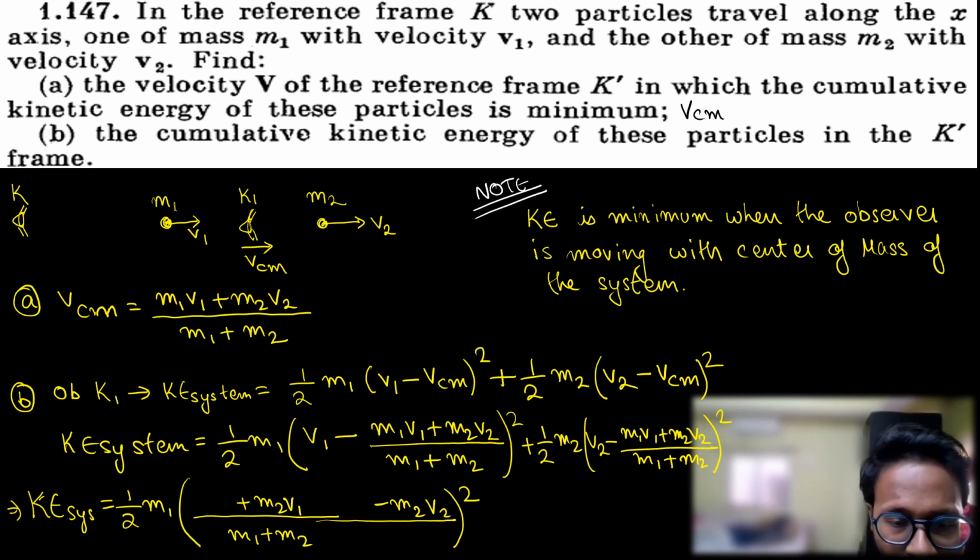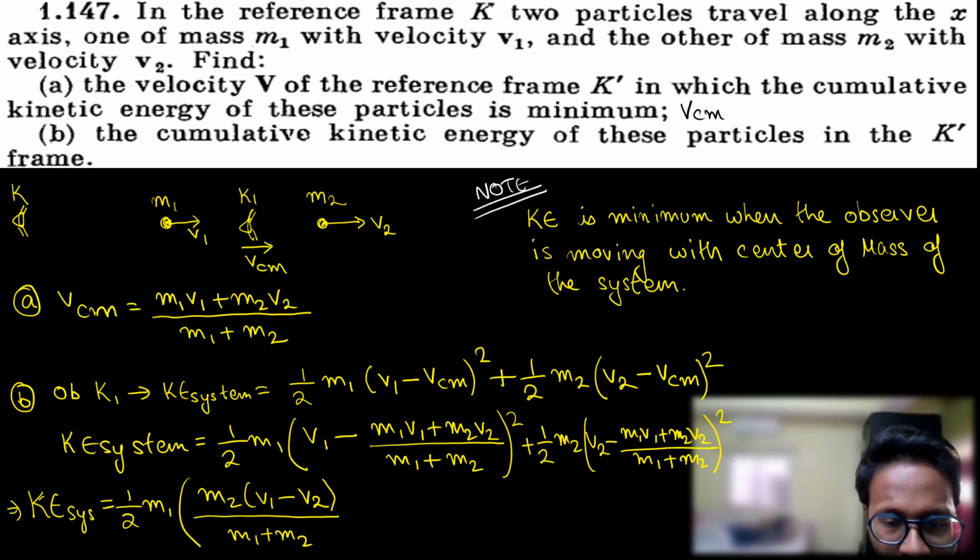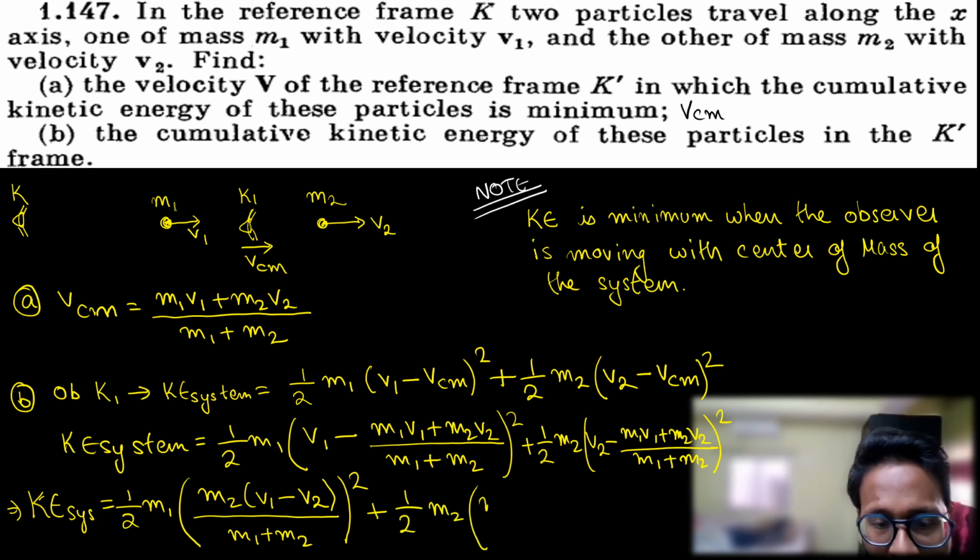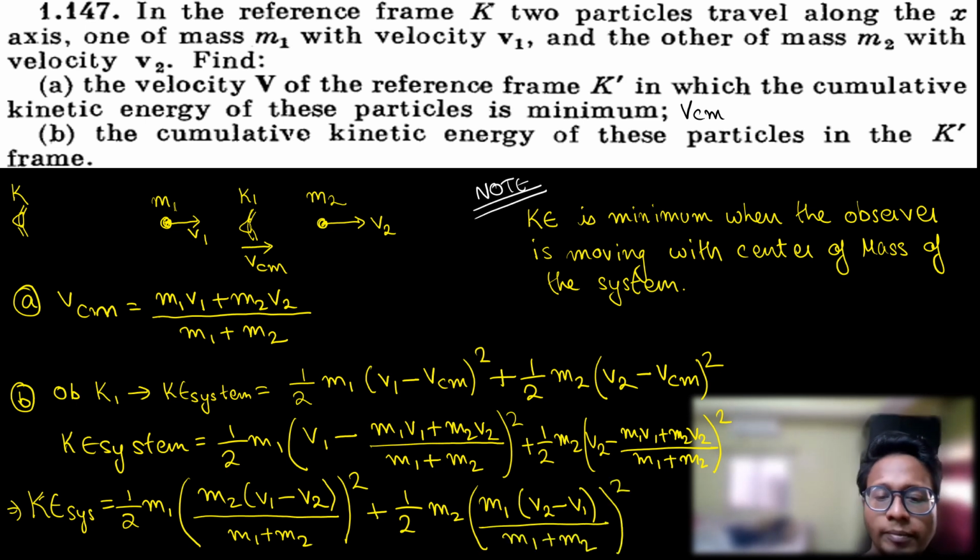So this entire term would be m2 into (v1 minus v2), whole square. Similarly, if I simplify the second term, it would be nothing but m1 into (v2 minus v1), whole square, divided by (m1 plus m2) whole square.